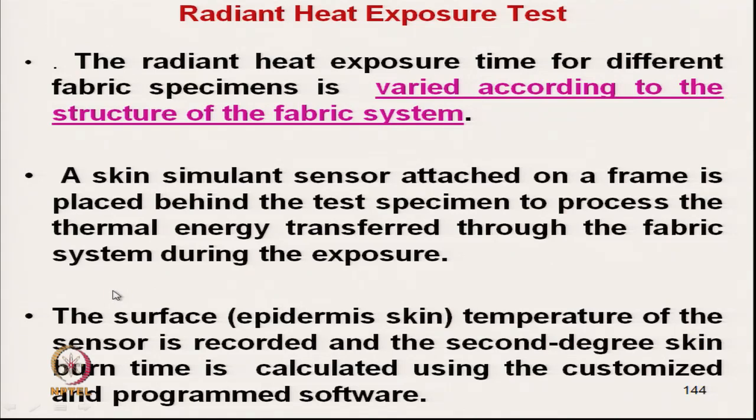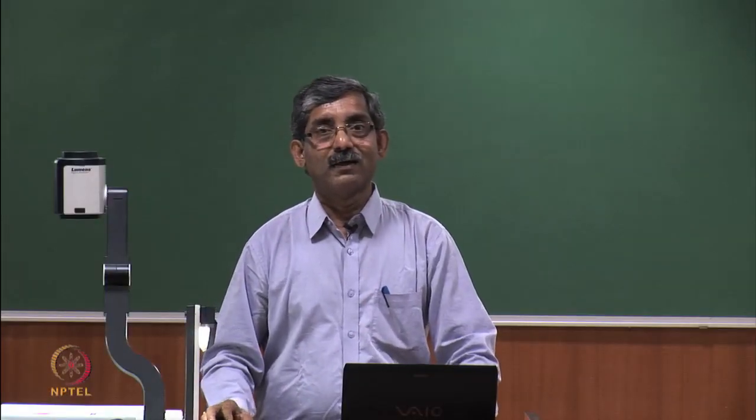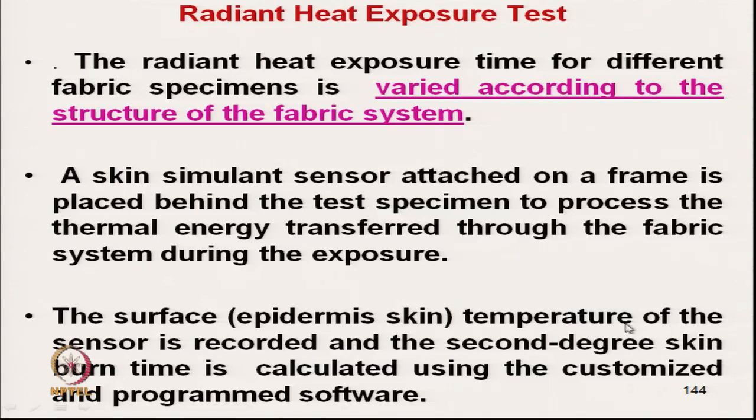So, it records the thermal energy which is transmitted through the fabric, and the surface of this skin simulant, which simulates the epidermis of the skin, the surface temperature of the sensor is recorded, and the second degree skin burn time is calculated using customized and programmed software.